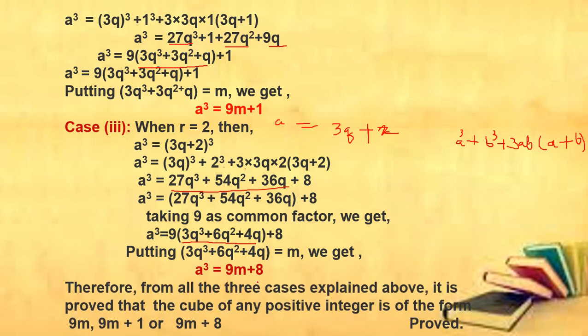So from all these three cases, what we are getting is that the cube of any positive integer is of the form 9m, 9m plus 1 or 9m plus 8. All these three forms are cubes of any positive integer. So hence it is proved.